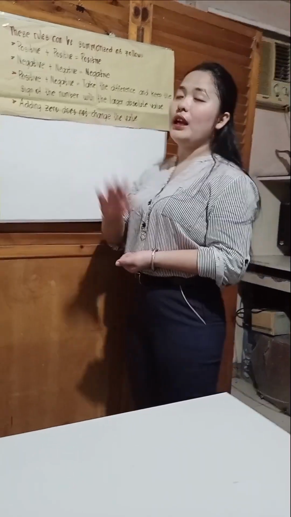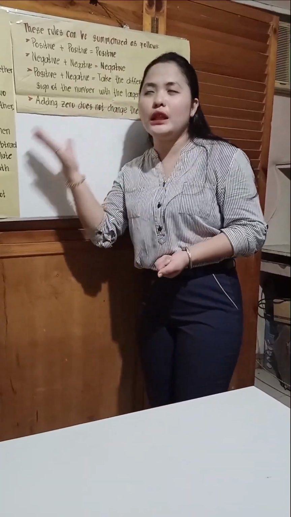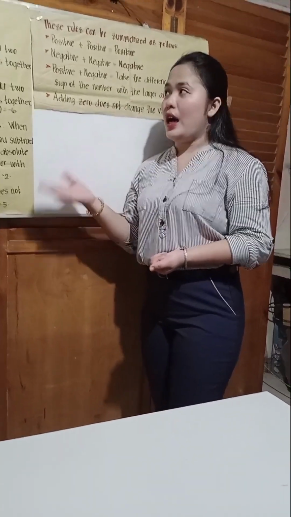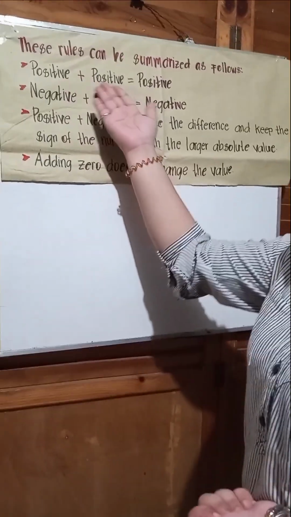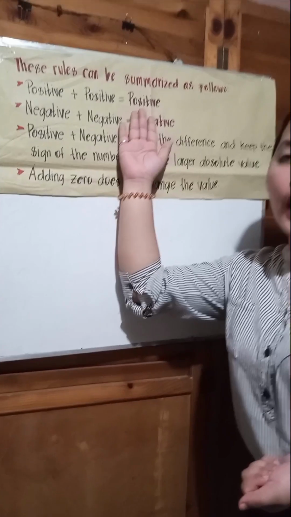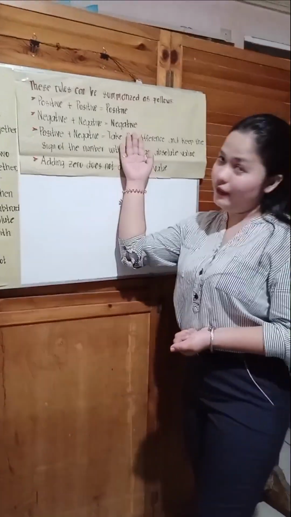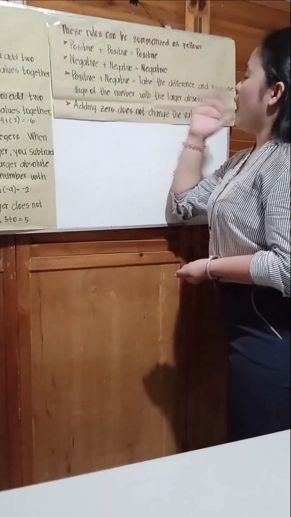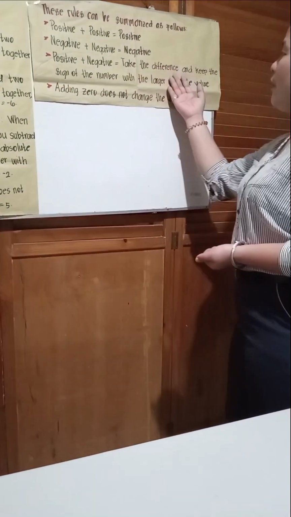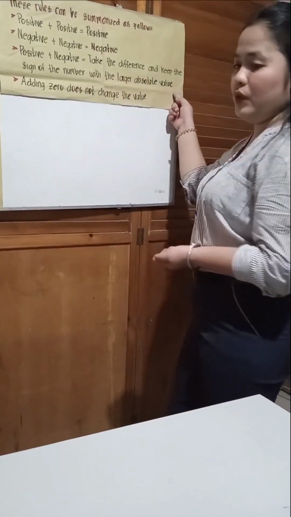Okay. So, these rules can be summarized as follows. Do not forget these, because these are your clues to make it easier to understand how to add integers. Positive plus positive is always positive. Negative plus negative is equal to negative. Positive plus negative is equal to, take the difference and keep the sign of the number with the larger absolute value.